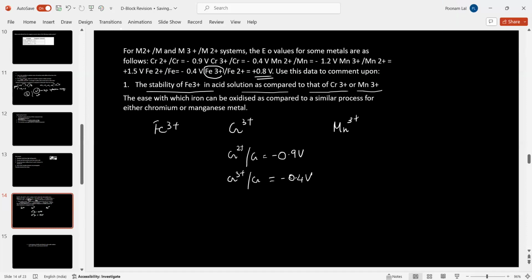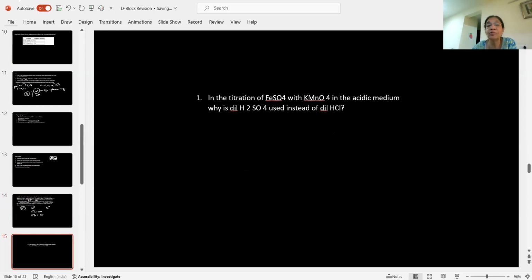So reduction of Fe3+ to Fe2+ is easier than that of Mn3+ to Mn2+, but not as easy as Cr3+ to Cr2+. And that is why Fe3+ is more stable. This is very obvious. They have given a lot of values, but that's not important.